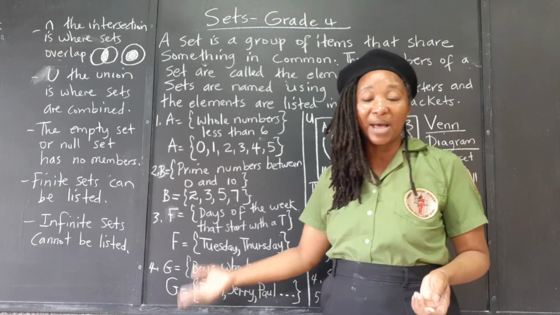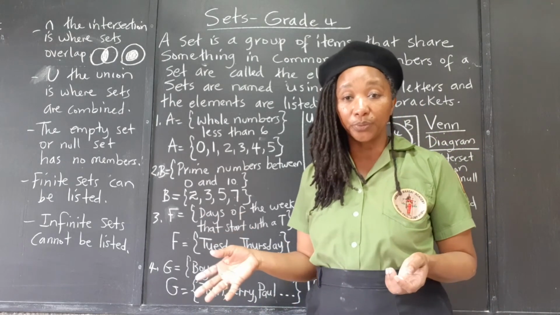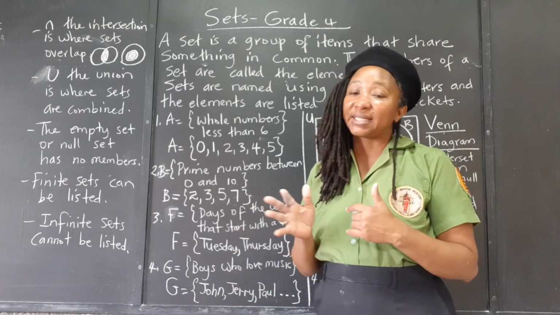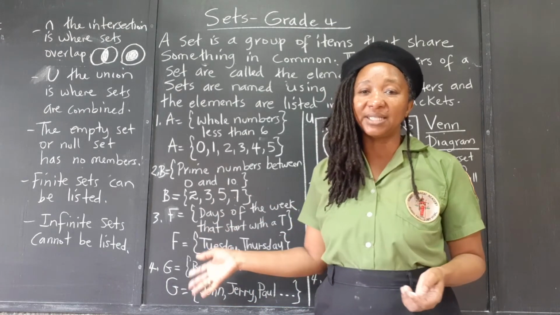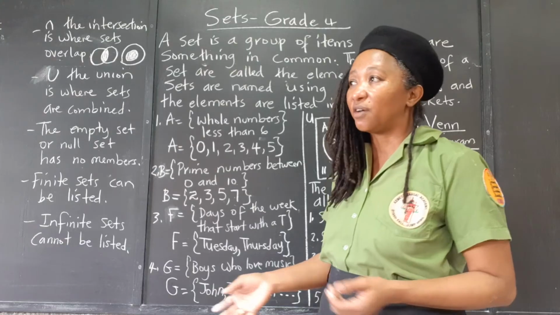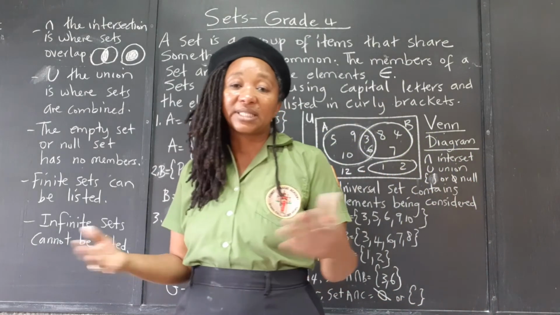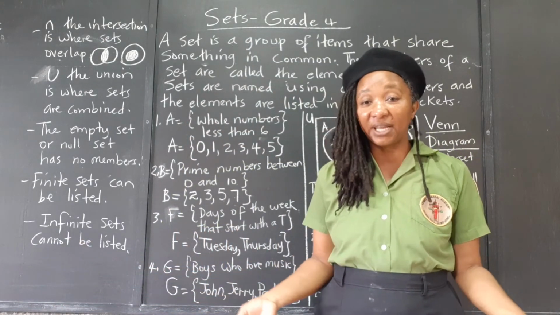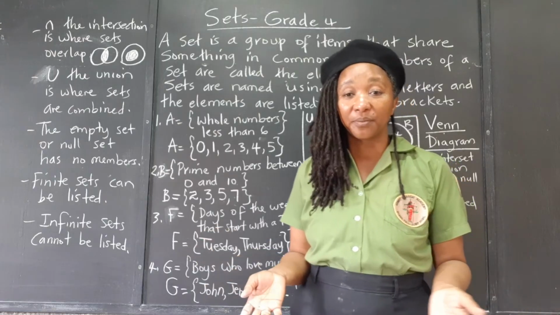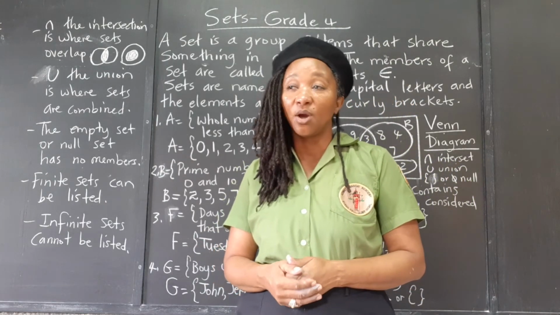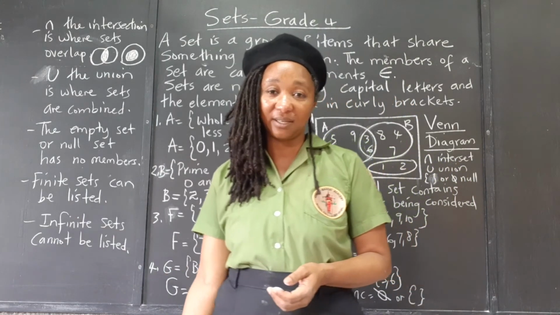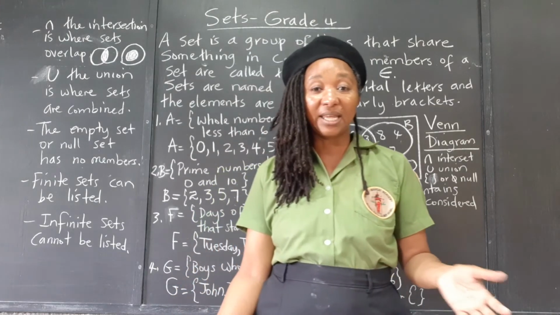We can start by listing the ones we do know, but we accept that it's not possible to list all the elements. So for example, stars in the galaxy, that's infinite. Who can count all the stars in the galaxy? Who can count the grains of sand? Right? That's an infinite set.